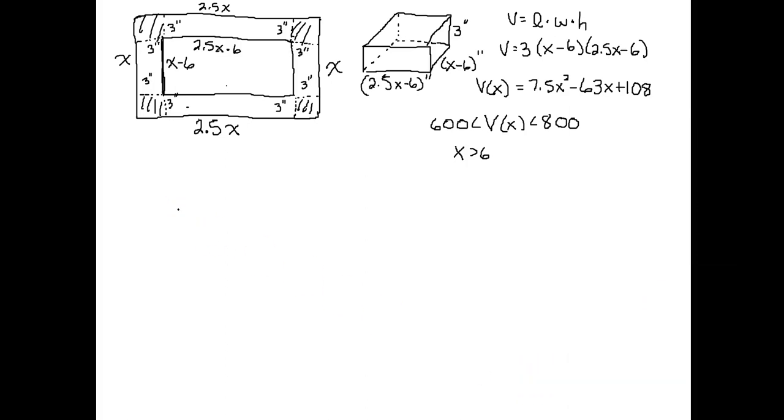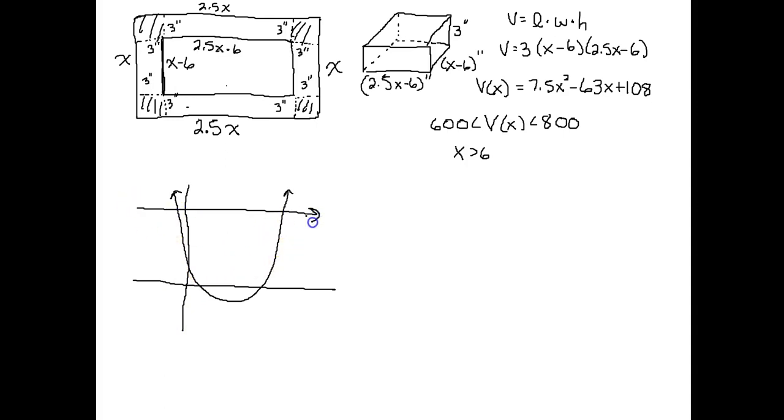You're looking at a graph where you have your parabola. The vertex is down below the x-axis, that doesn't really matter. And parts of the parabola are to the left of the y-axis. Then we have the y equals 600 and the y equals 800 in here. And we're interested in what's happening here and here, because we need the values of the volume that are between 600 and 800.